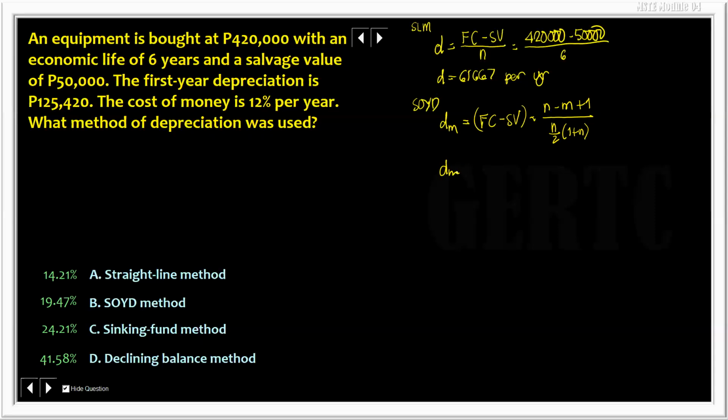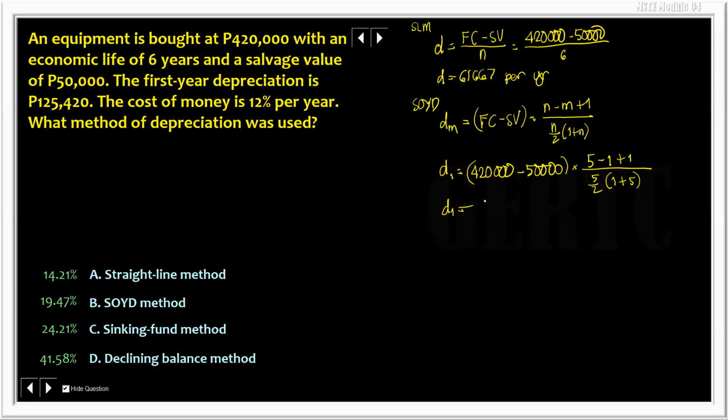So D sub 1 is equal to 420,000 minus 50,000 times N minus M plus 1, so this is 6 minus 1 plus 1, all over 6 over 2 times 1 plus 6.